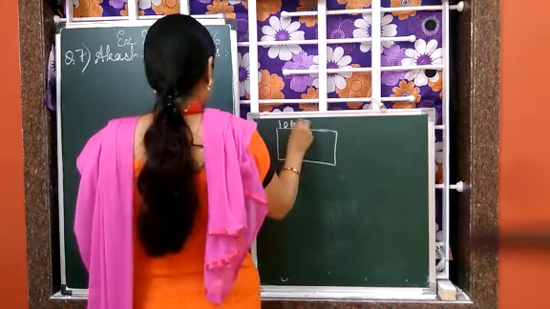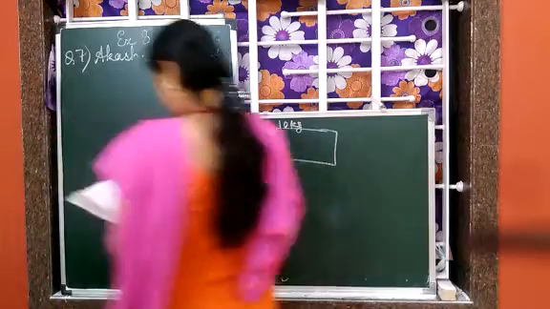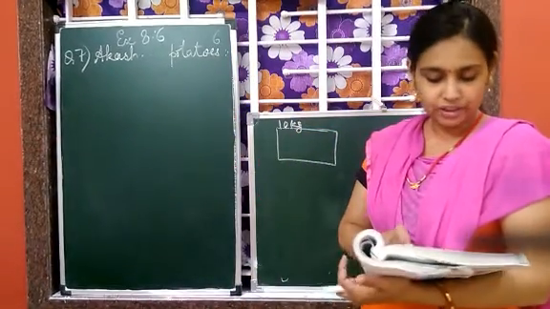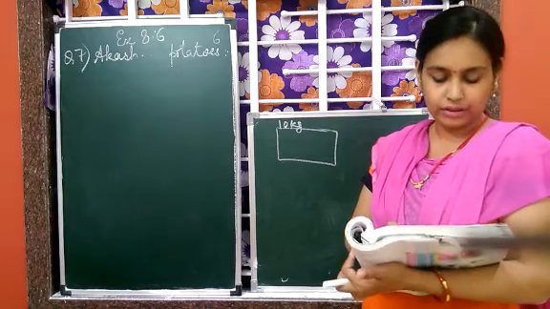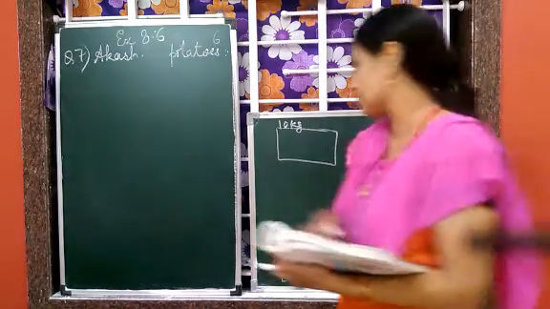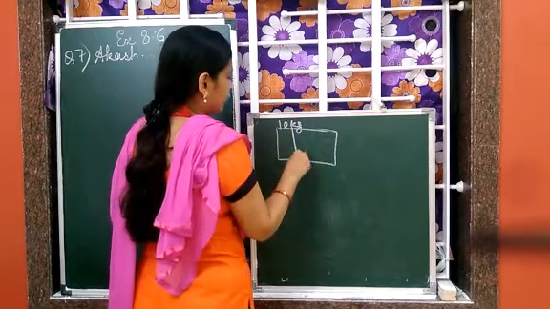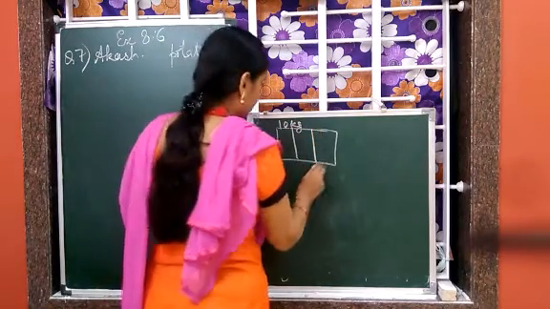10 kg of vegetables he bought, out of which 3 kg 500 grams were onion and 2 kg 75 grams were tomatoes and the rest is potato. So suppose if I divide this into 3 parts like this. Okay.